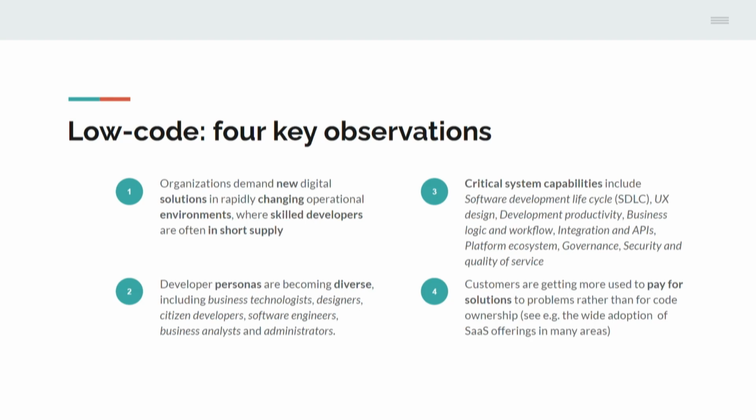Okay, and developer personas are becoming, for this reason, diverse. They now include not only software engineers but also business technologists, designers, citizen developers who might develop applications for some of their very specific and very personal use cases, business analysts, and administrators. Okay, so they all sit around the table when it comes to new business applications in some capacity.